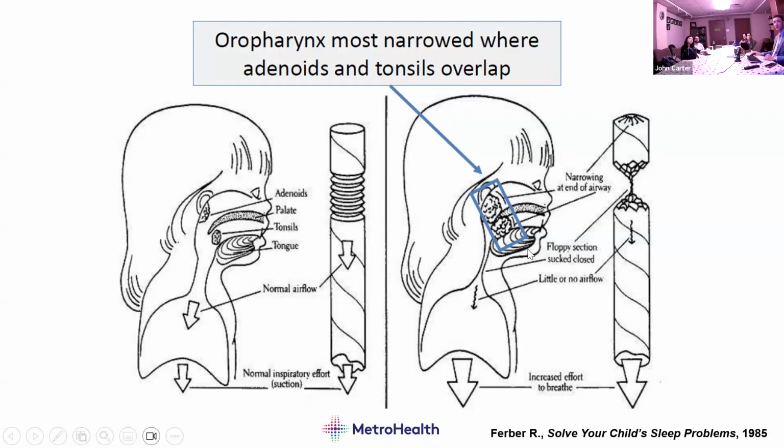If you drew a diagonal box, this is the narrowest point of the entire upper airway, and in kids, the point of highest resistance. Couple that with the fact that kids tend to have more distensible, floppy airways, and you've got a recipe for collapse, for obstruction.